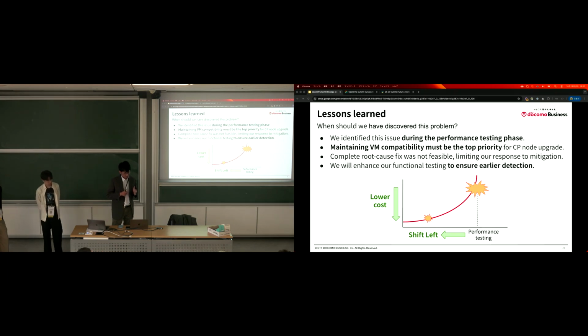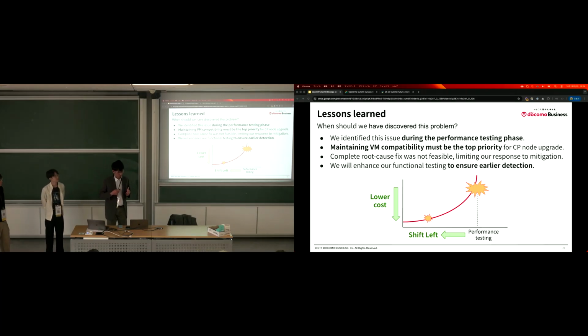So this means we failed to maintain sufficient VM compatibility, a fundamental requirement of the upgrade project, of course. The late discovery also left us with little time to fix root causes, forcing us to take the compromise of locking the virtual hardware.